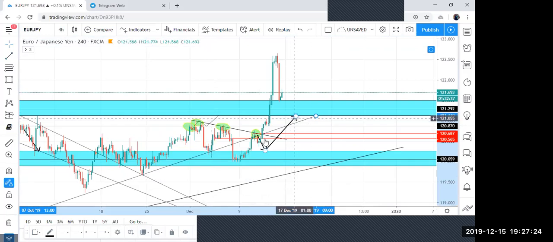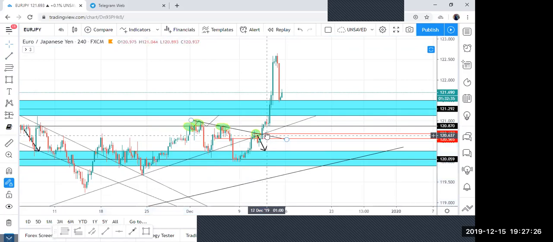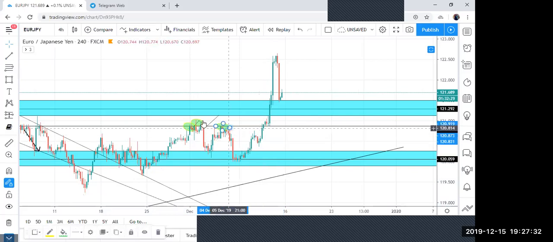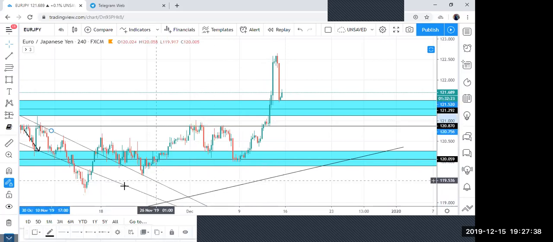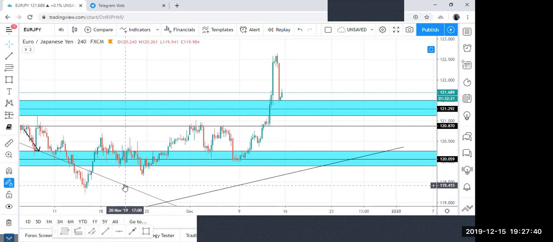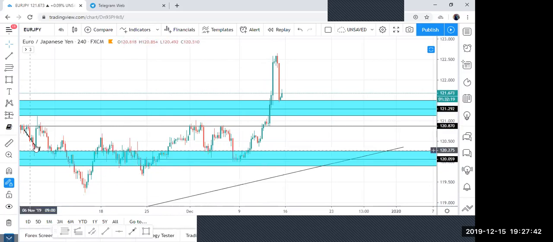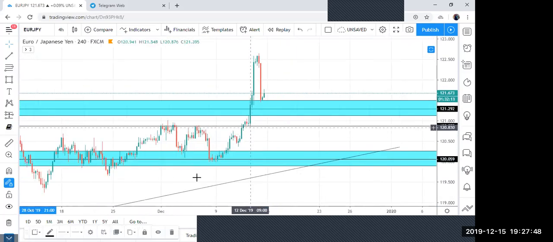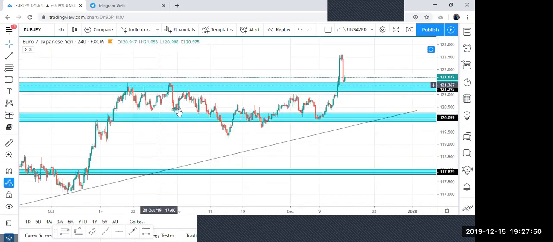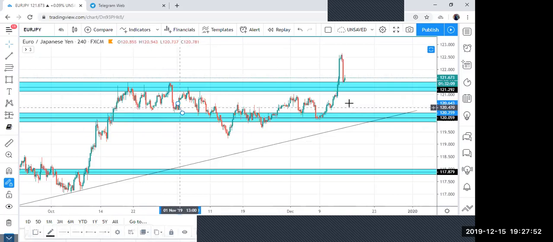Okay, so this looks kind of messy right now. Previous resistance turn to support here.